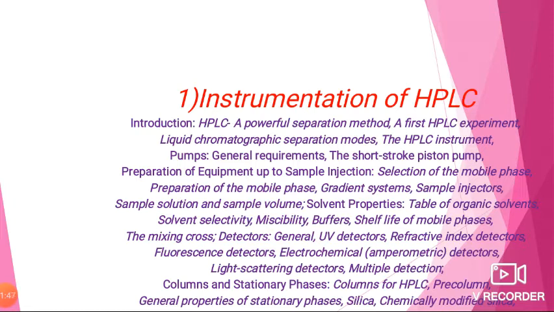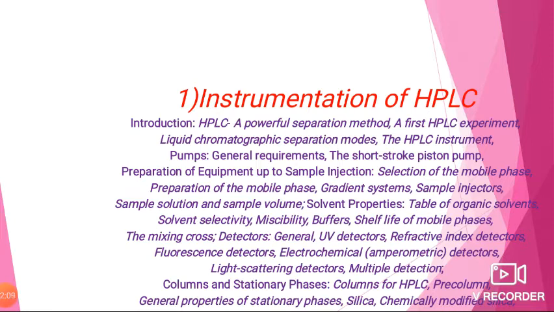Also there are the pumps, the first HPLC instrument, then the types of pumps, that is, the stroke piston pump also. Then there are sample injectors, that is, how to introduce the sample in HPLC, also seen in that chapter.